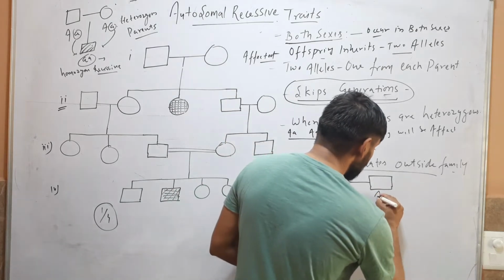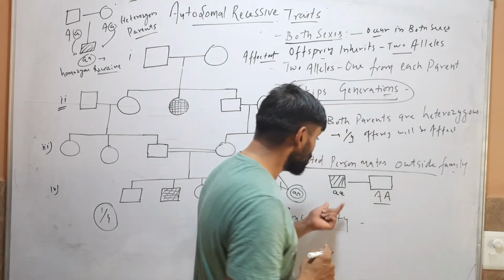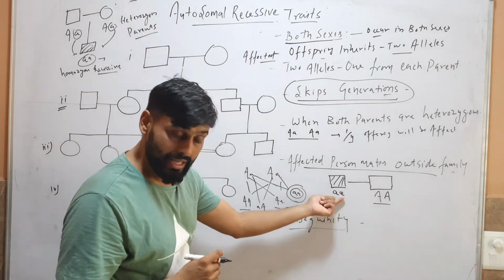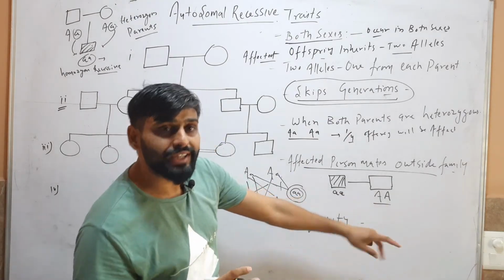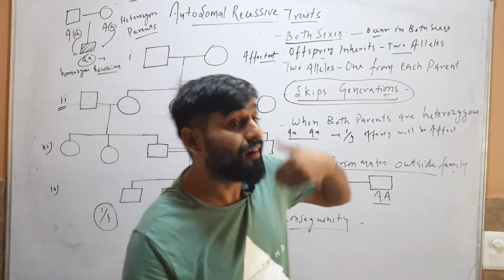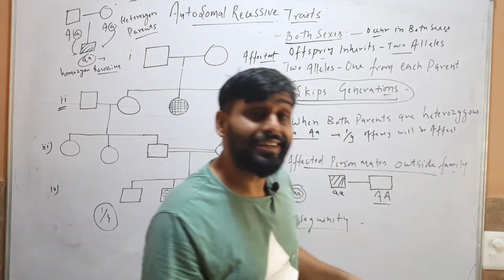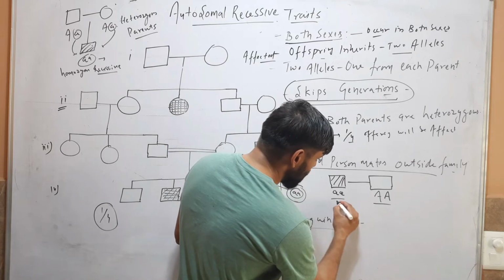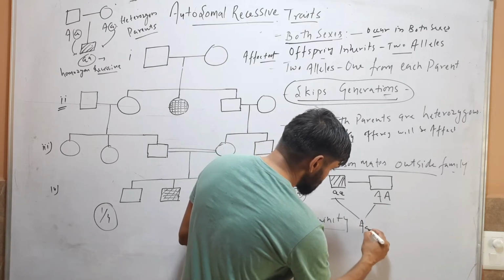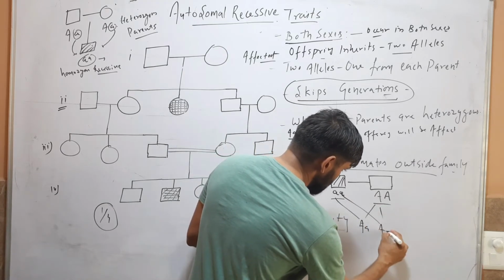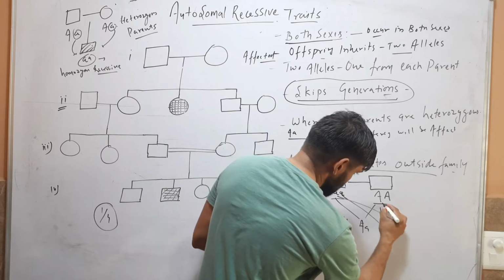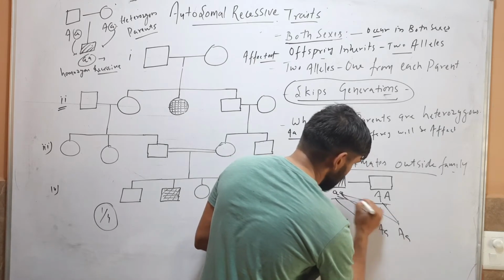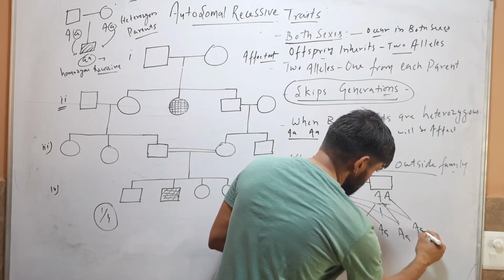So it will be capital A, capital A. When an affected person mates with someone outside his or her family, you can see capital A, small a, capital A, small a, capital A, small a, capital A, small a.